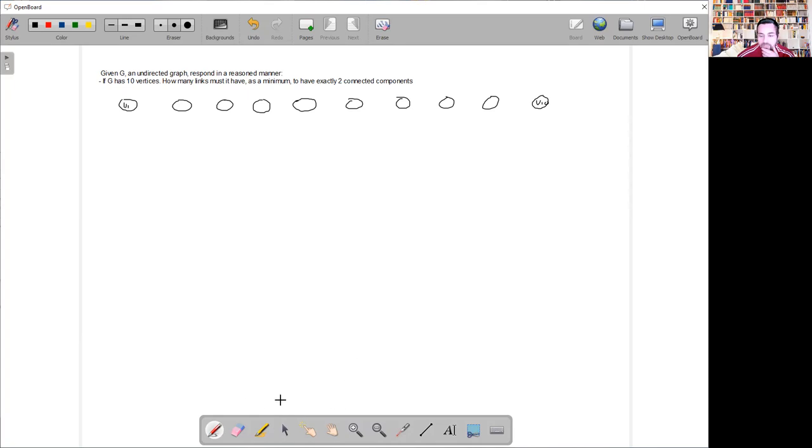Well, first of all, we should know what is a connected graph, right? A connected component. But let's write it down here.